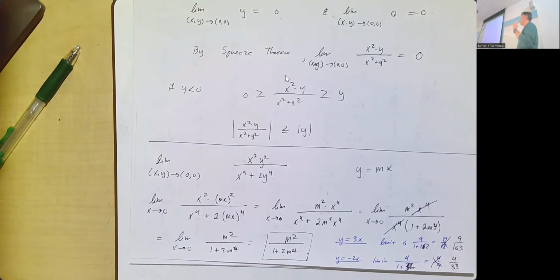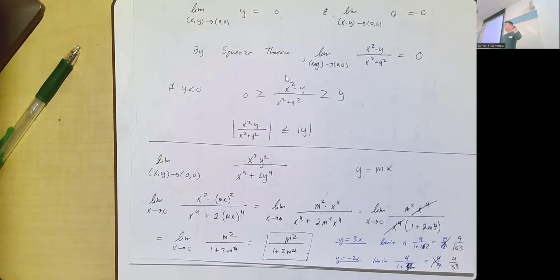Before any of that, we should back up and say, if you started off by plugging in what x and y were approaching and got 0 over 0, then what you're saying is 100% true. You can generally make a fairly decent assumption that either the limit's not going to exist when you have a 0 over 0 situation, or since we probably aren't going to show that the limit exists, we're not going to have enough evidence to say whether or not it exists.